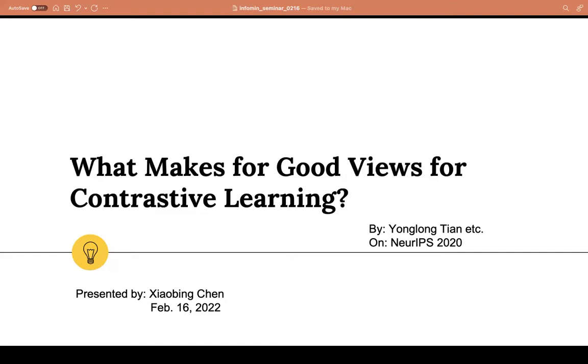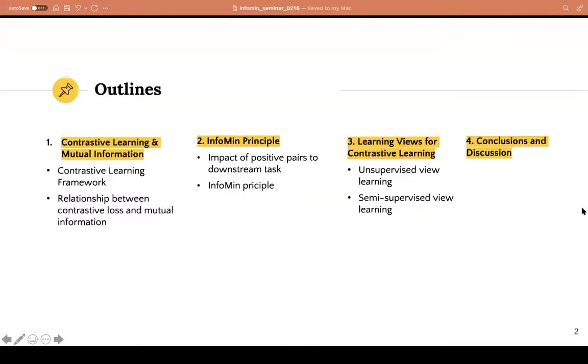Today I'm gonna introduce the paper titled "What Makes for Good Views for Contrastive Learning," published at NeurIPS 2020. I'm gonna expand on this paper in four parts.